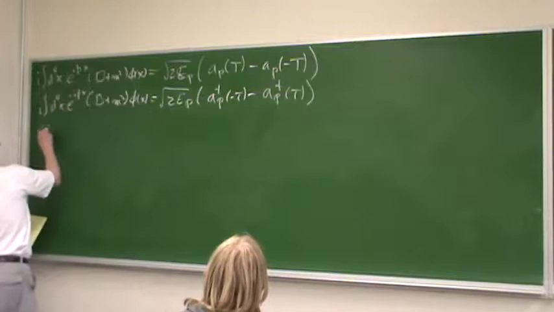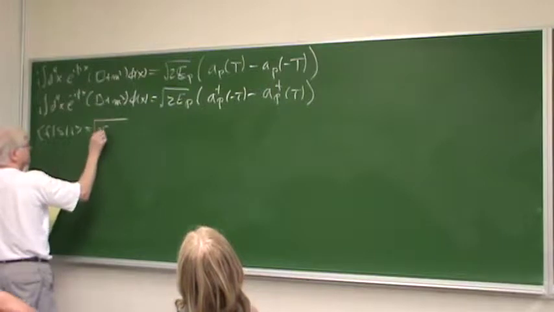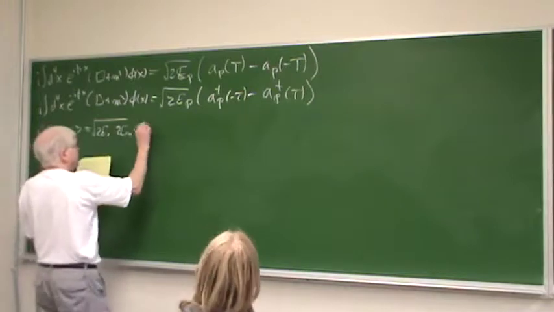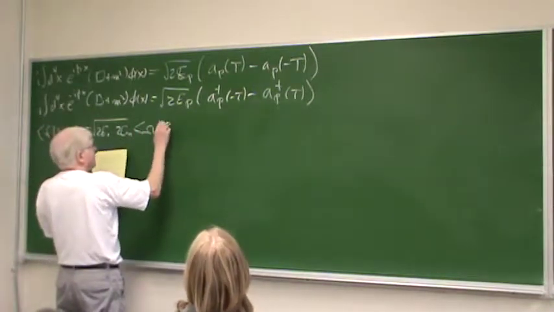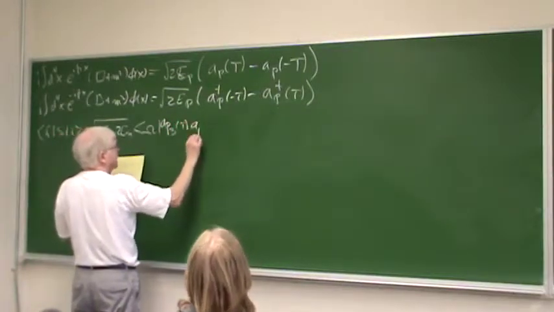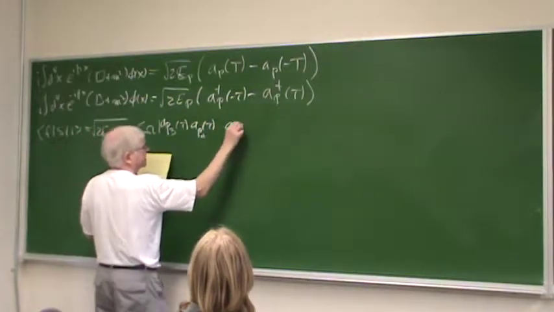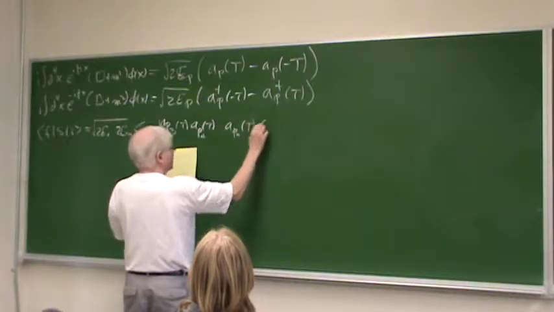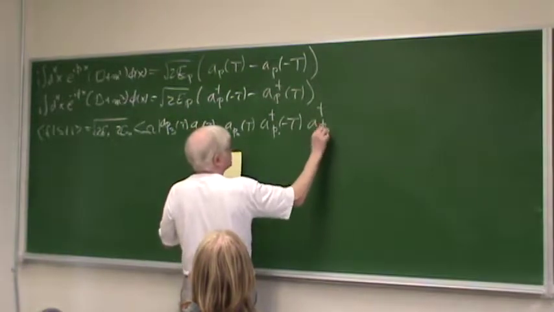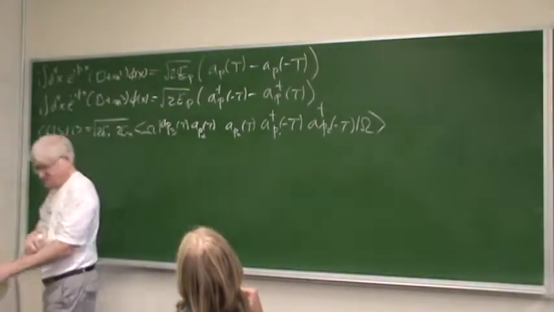Okay, so what we want here is the final state, and of course it's the square root of 2E_1 dot dot dot 2E_n, and then omega, a_p3(T) a_p4(T) dot dot dot a_pn(T) a_p1 dagger(−T) a_p2 dagger(−T), interacting vacuum. So that's what we want.